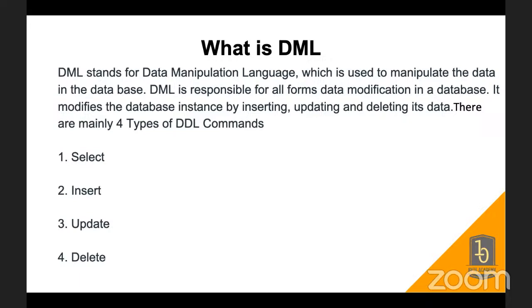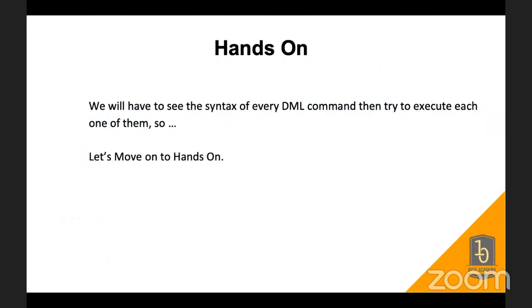So what are the commands? The main DML commands are select, insert, update, and delete. Select is to display your data, insert is to insert some data, update is to update the already existing data, and delete is to delete the data from your table.